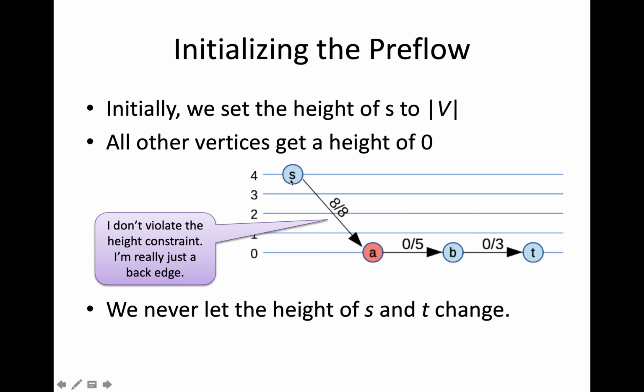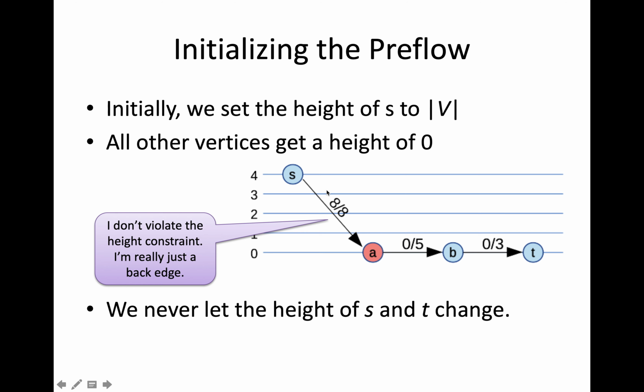If S is at a height of V and T starts out at a height of 0, even if you had the longest possible path from S to T, and you were going to let some flow trickle down that path, you've still got enough of a height difference between S and T that all the vertices in the middle could make a chain going down by 1 each time, and you could drain flow all the way to the sink vertex.